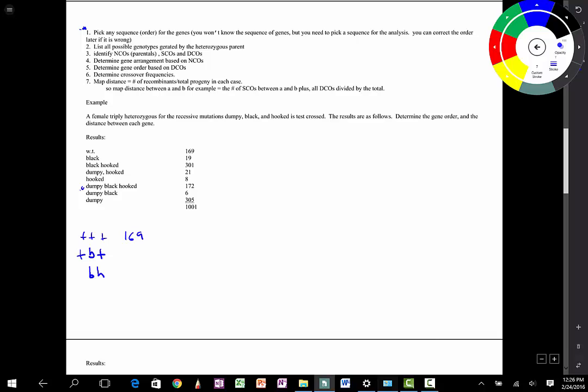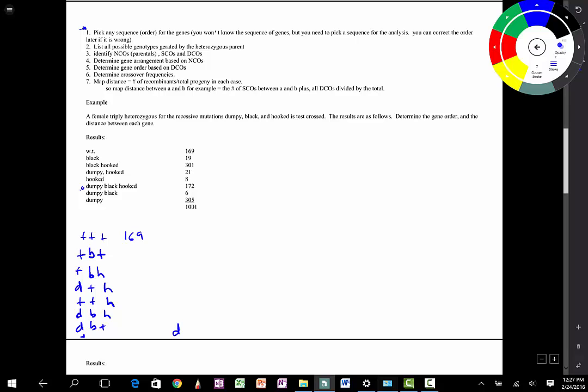The next one is dumpy, which is over here, and hooked, which is over here. Another one that's just hooked. We got one that's dumpy, black, hooked, dumpy, black, and just dumpy, because we're just dumpy over here. And then if a mutant isn't designated, then the other guys are wild type.